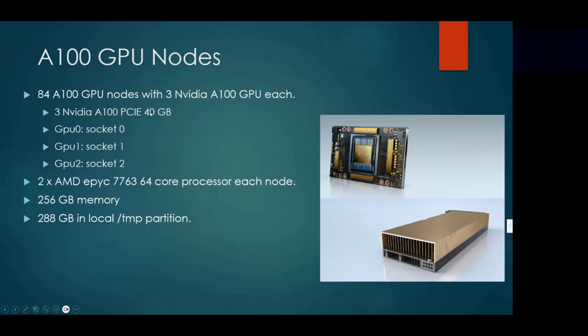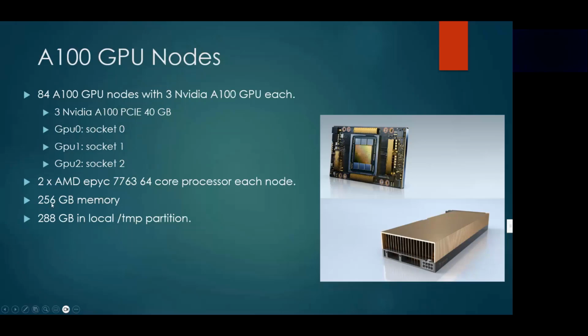The memory size is 40 gig. If you're running AI, a Jupyter Notebook, using Torch or any parallel computing, when you write a program, you need to tell it GPU 0, GPU 1, GPU 2. You probably need to know that.